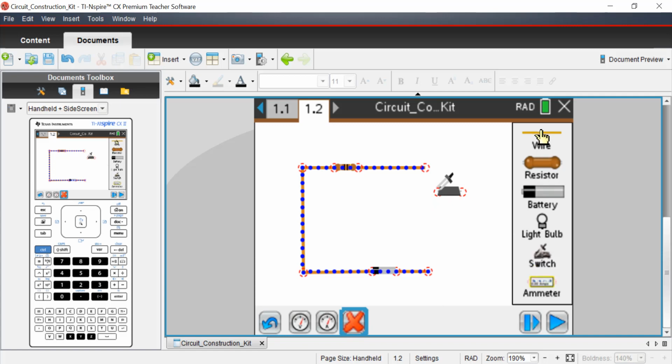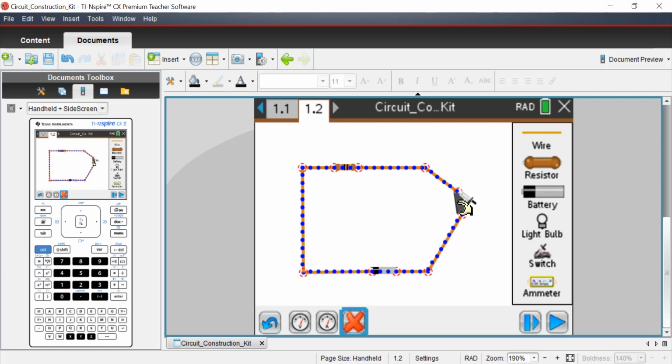And I'm going to take another piece of wire, connect it there. My switch. I think I can turn it. Yep. And we're just going to take the wire from here, connect it there, and I need another piece of wire. I'm going to connect there and then pull it down to here.